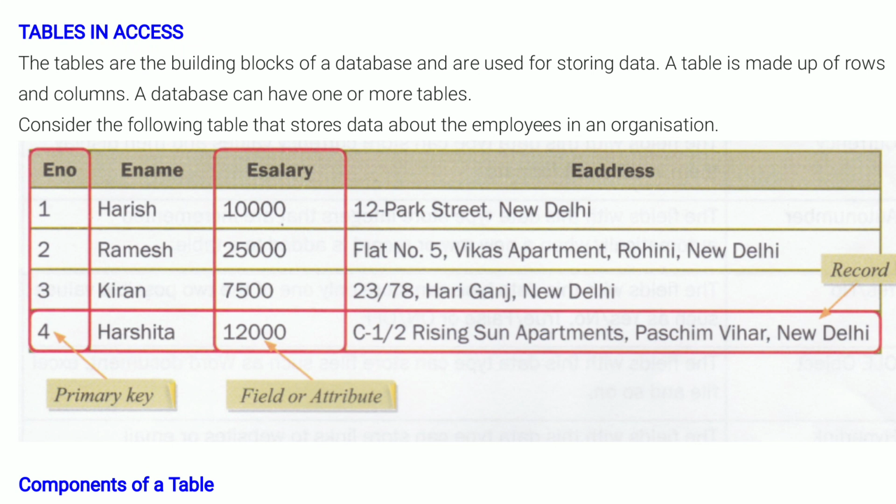Today in this video, I am going to explain all about the next point, as you can see on the screen, that is tables in Access. In this, I'll discuss tables in Access, components of a table like field or attribute, field data types, and many more.